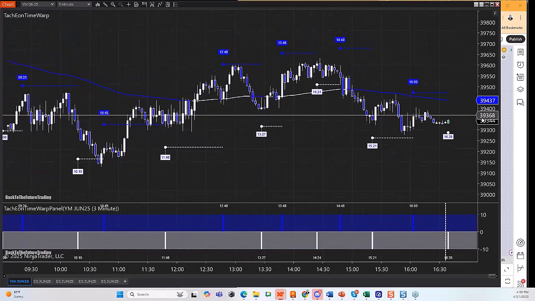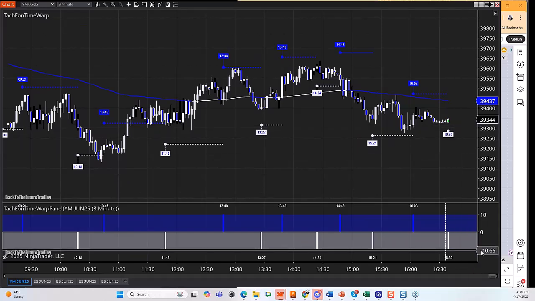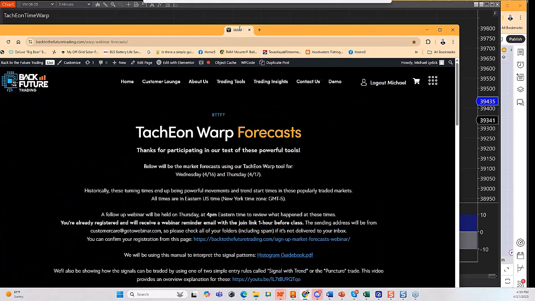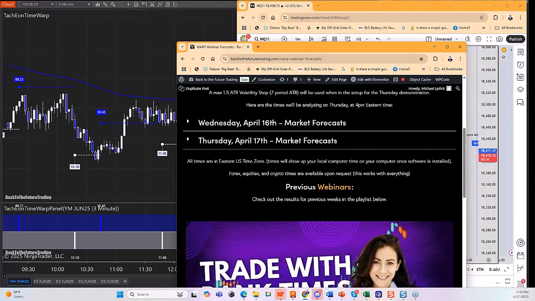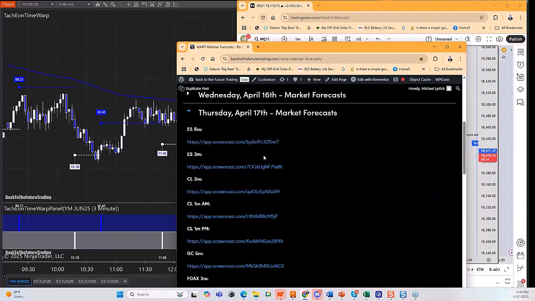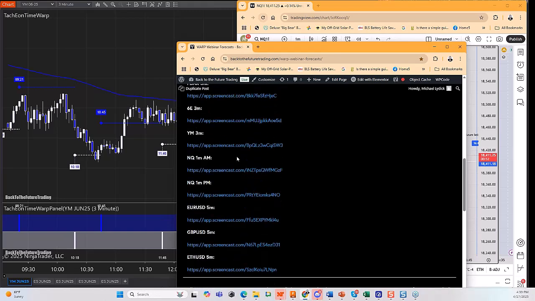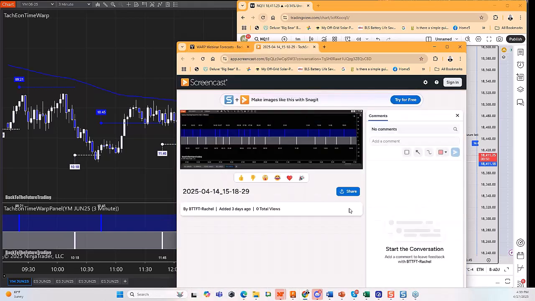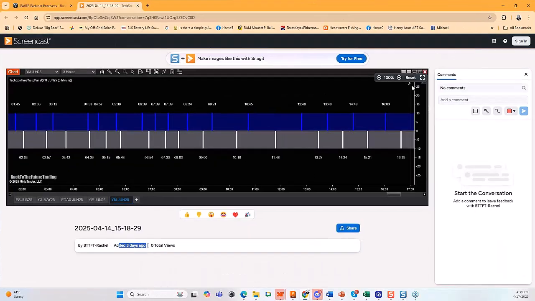These were the signals for the mini Dow today. You don't have to take my word for it. You just have to compare them to this chart. Mini Dow, 3-minute chart, added 3 days ago. What are the times?